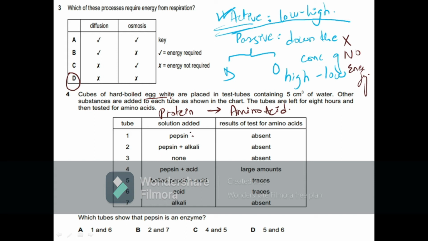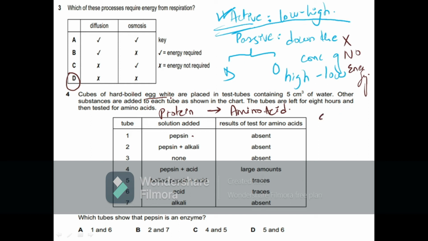Okay. So in first tube they are adding only pepsin. In second tube, pepsin plus alkali. For third tube, nothing. For fourth, pepsin plus acid. For fifth, boiled pepsin plus acid. Six, acid and seven, alkali. And these are basically the results. Okay, which tube shows that pepsin is an enzyme?